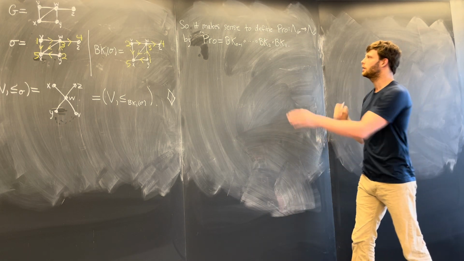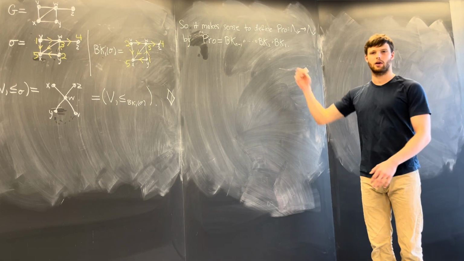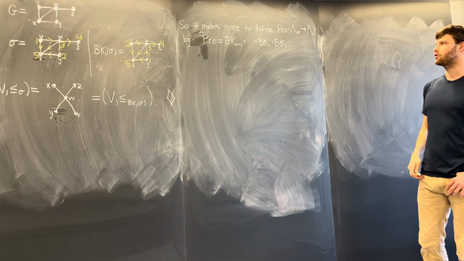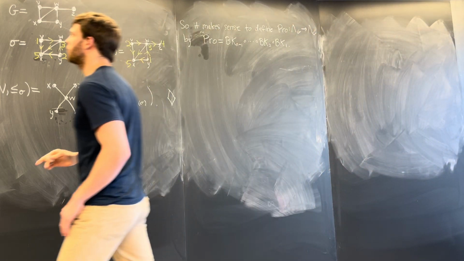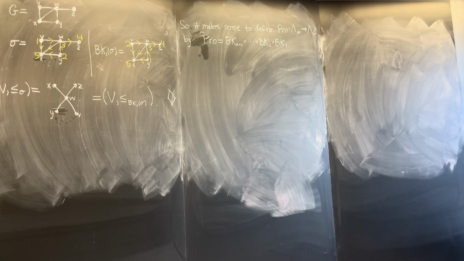Right, so this is one way we could interpret promotion when we were looking at linear extensions of a poset. And now it also makes sense to do this when we're looking at labelings of a graph.